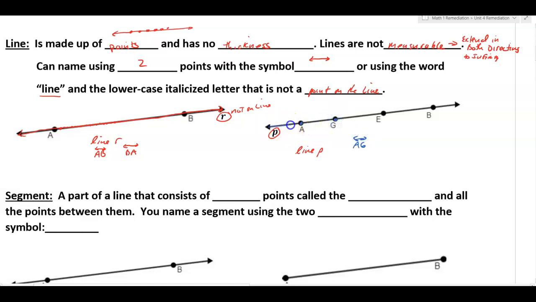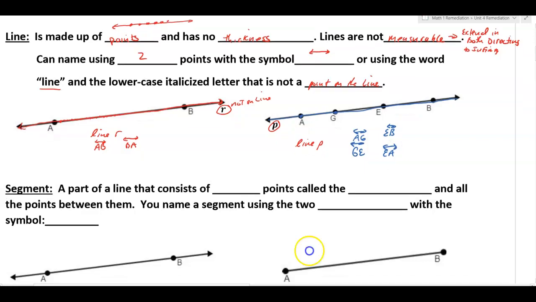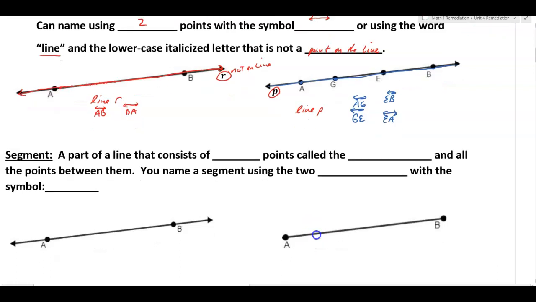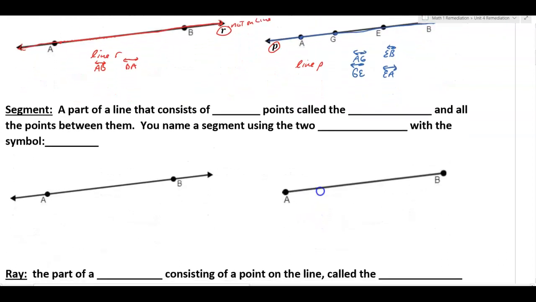And basically, if I draw a line through it, that's what it would tell me. So line GE is another way to name it. I can use E and B, so line EB. I can go the other direction and say EA. So I can pick any 2 points in any order that are on the line, and I can go ahead and write them with the line symbol above them.